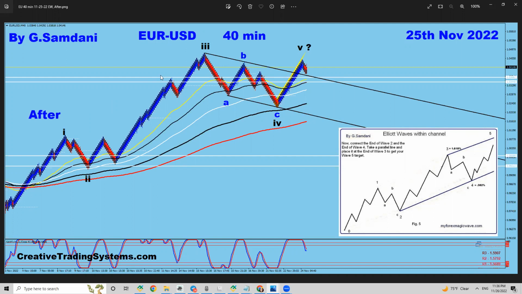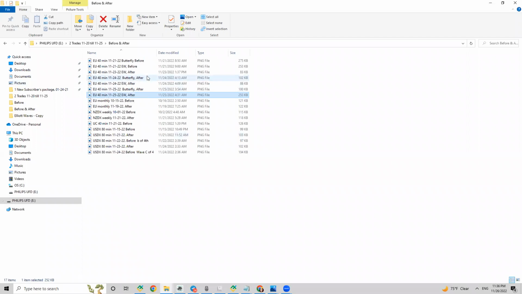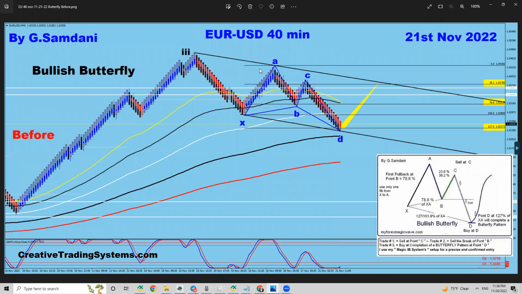So with this Elliott wave count and harmonic patterns, the same chart also had a harmonic pattern. Let me show you that, and it made it powerful, because if you have it like that, for example, you see that X A B C D, that's a bullish butterfly pattern, supposed to go up, right?